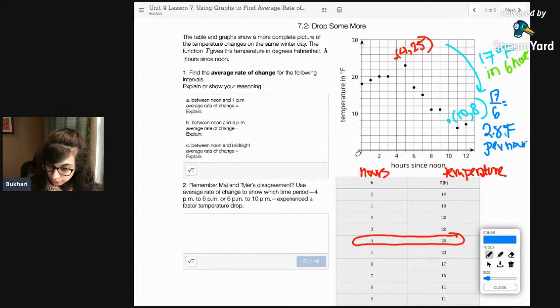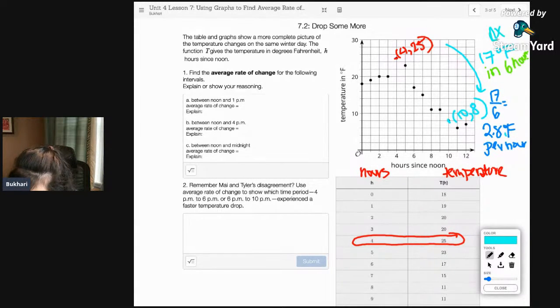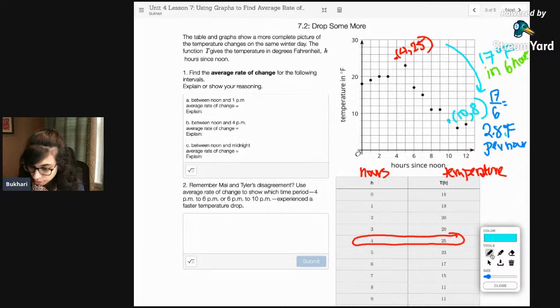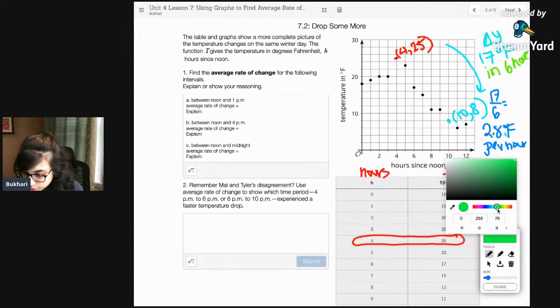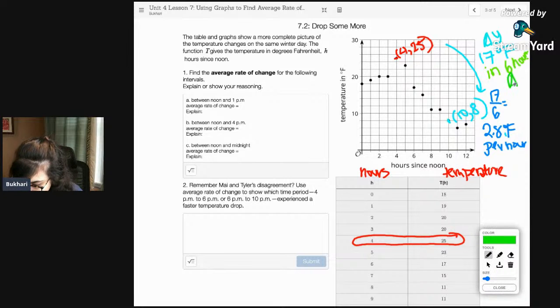And for those of you who've taken physics, we talk about our change in x, our delta x, and our change in our y value, in this case, our temperature is our y value. Our change in our y value divided by our change in our x value, right? And so you can use that idea to help you find the average rate of change between noon and 1, between noon and 4 p.m., and between noon and midnight.